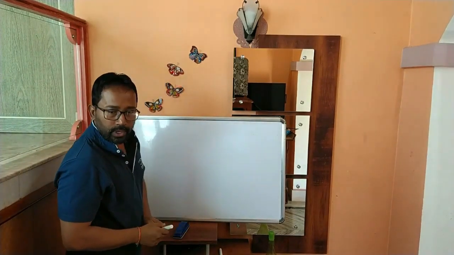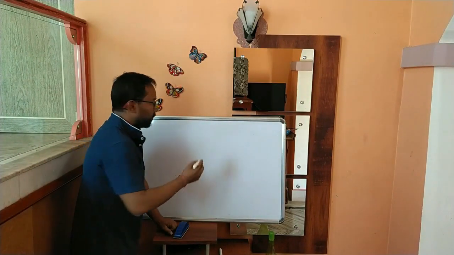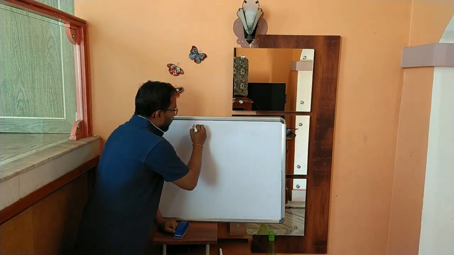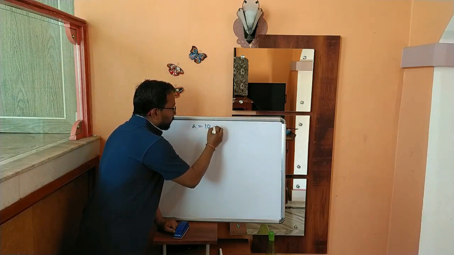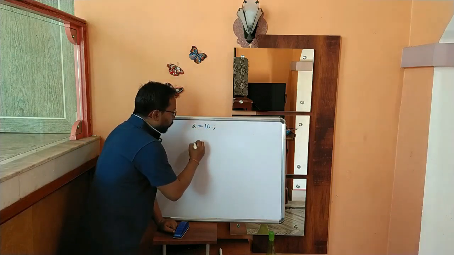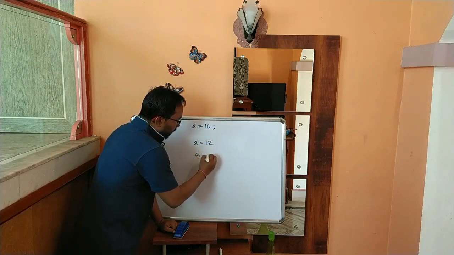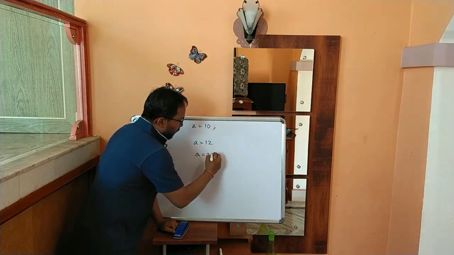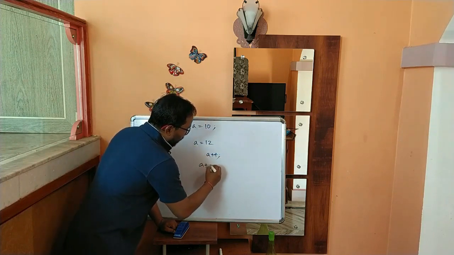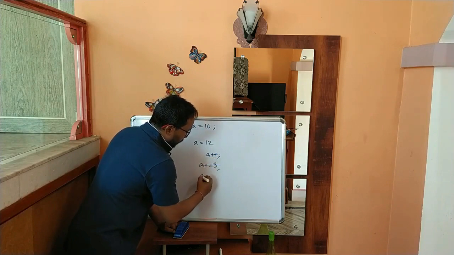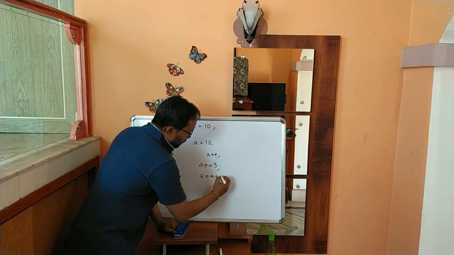Now one array element can be used anywhere in the program, just like an ordinary variable. So if a variable is a and its value is 10, when we want to change the value of this a variable, what do we write? a equal to 12, or we can update this value by doing some calculation: a plus plus, or a plus equal to 3, or a equal to a minus 7.